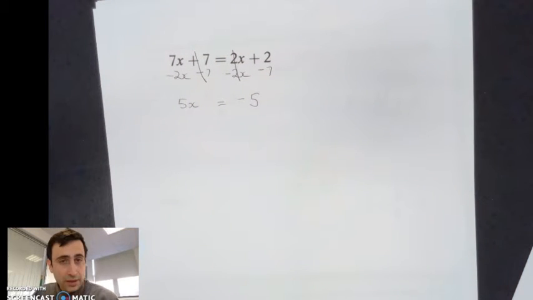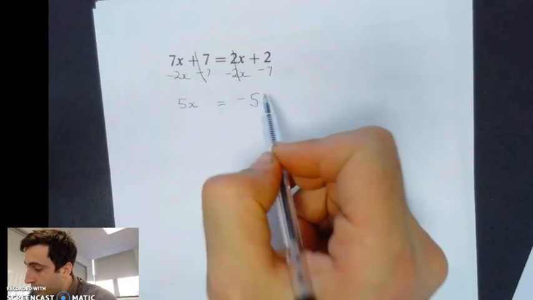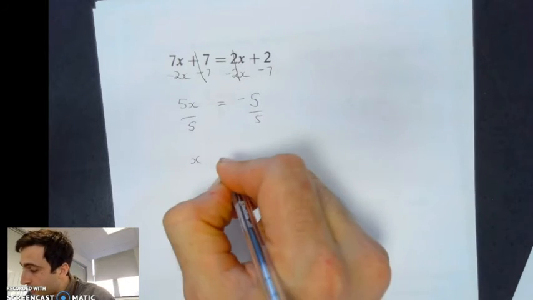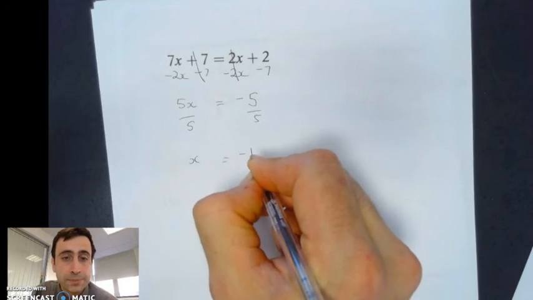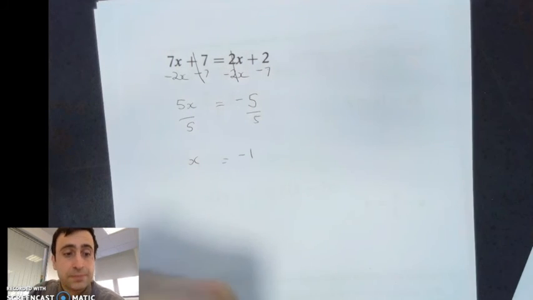So I've done it all in one hit. 5x equals minus 5, divide both sides by 5, we end up with x equals minus 5 divided by 5, which is minus 1. So remember, letters on one side, numbers on the other.